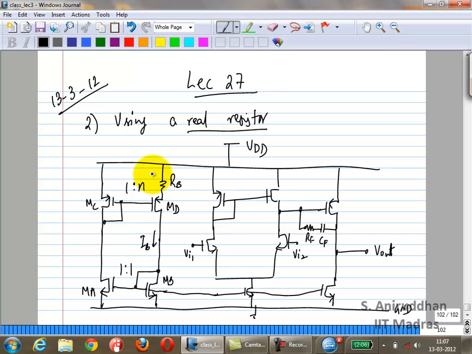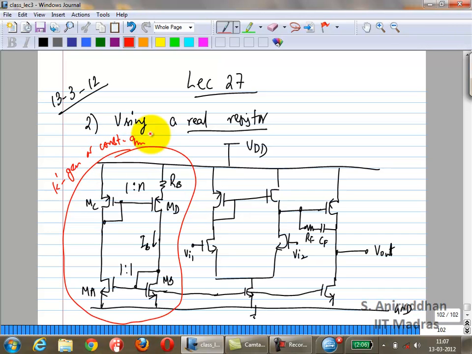This MC to MD ratio is some 1:n. So this is your bias generator. This portion is often called a K prime generator or a constant GM reference.